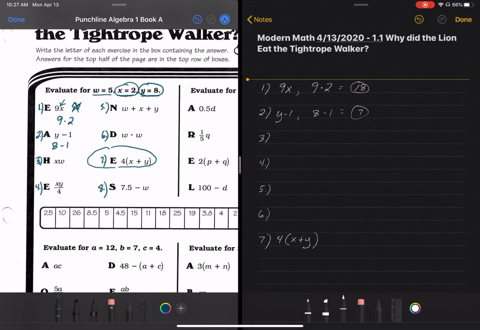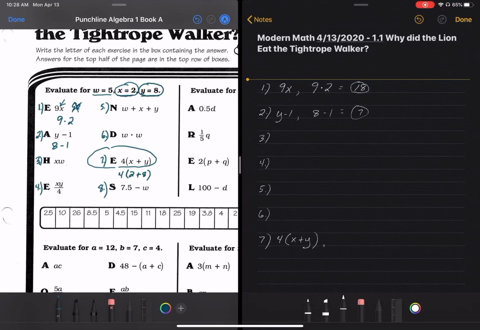Close parentheses. So this one's going to have x and y in it. Over here on the left, I'm going to have 4 parentheses, x is 2 plus y is 8. So 4 parentheses, 2 plus 8, close parentheses.